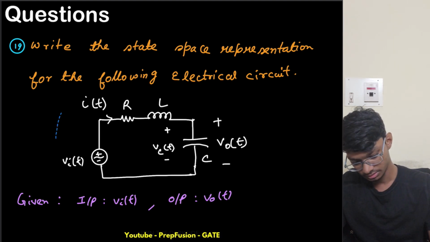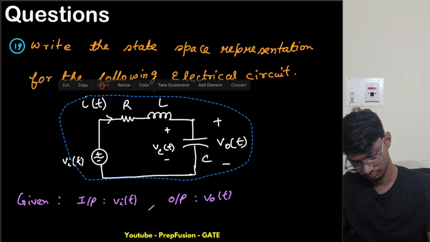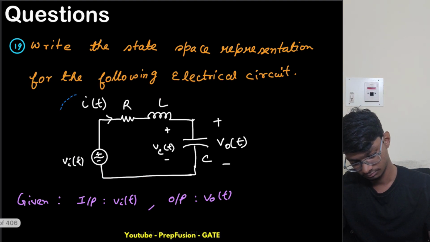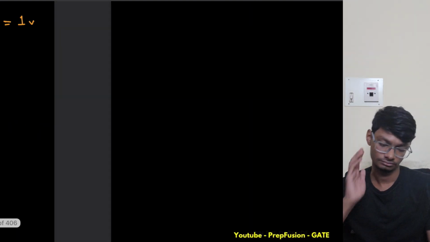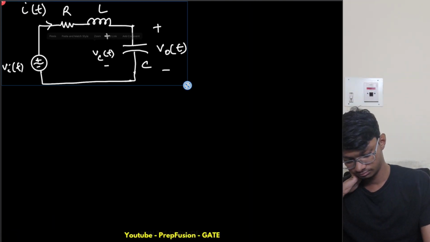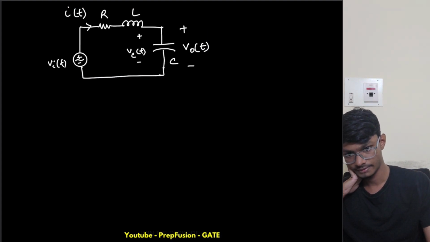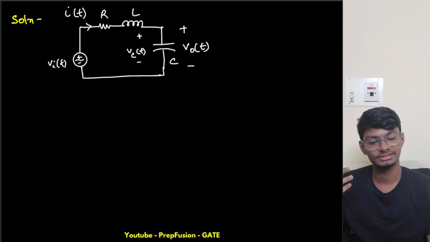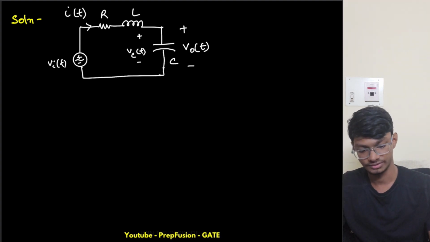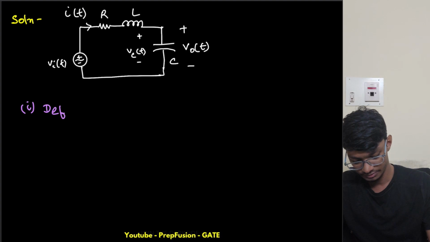So let me take the circuit. Step one is defining state variables.